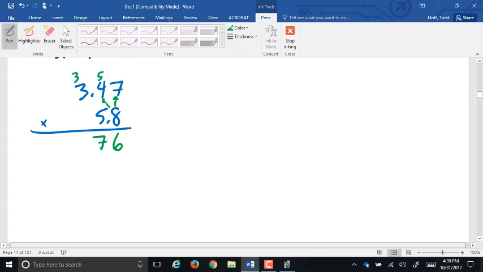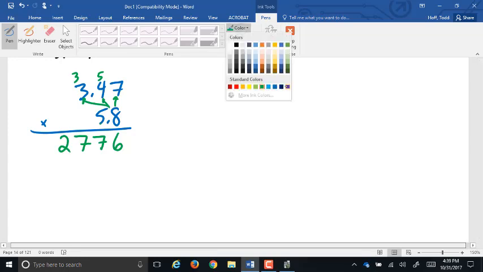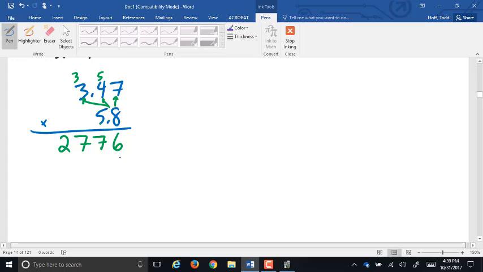So 7, carry the 3. 8 times 3 is 24 plus 3 is 27, so 7, and there's no place to carry the 2, so just put it there. Before we move over to the 5, we have to remember to add a 0, and I always put a line up here so I know what's been carried.